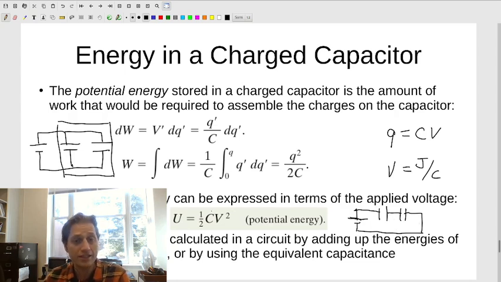On the other hand, it still works if you consider this as an equivalent capacitor. If you consider those two bundled together, you can still use this equation to find the energy of your whole circuit. So I have you do that this week in lab, and hopefully it's not that confusing once you work through a specific example.